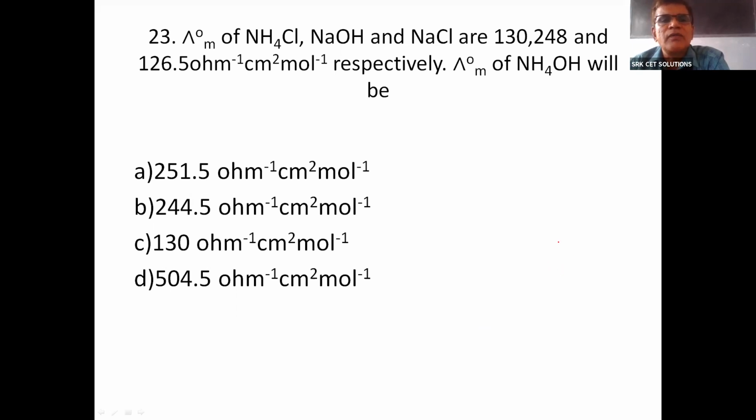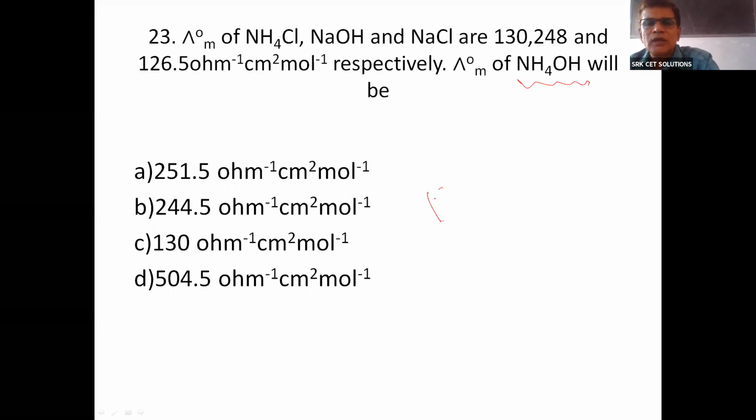So lambda naught m of the electrolytes ammonium chloride, sodium hydroxide, and NaCl are given. Look at them, they are all salts, all strong electrolytes that can be measured experimentally. Then what they require is the lambda naught m of the weak electrolyte, that is ammonium hydroxide.